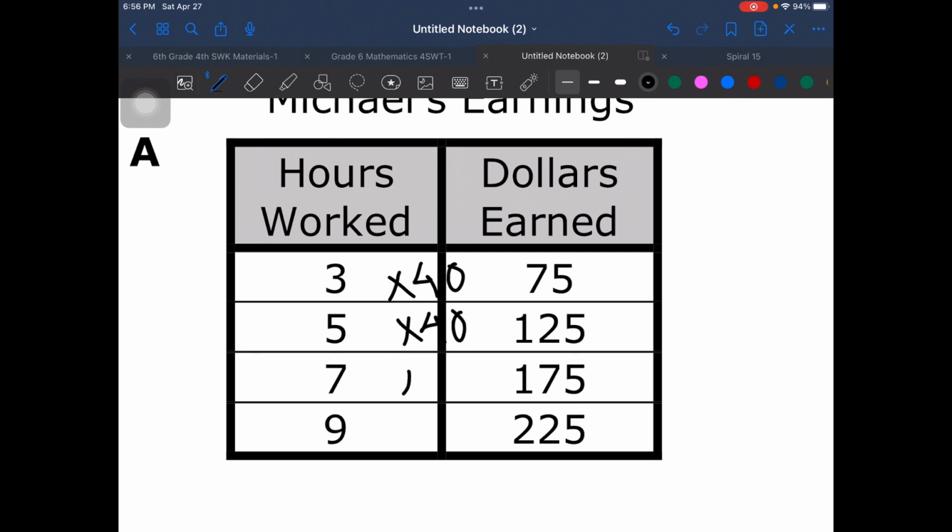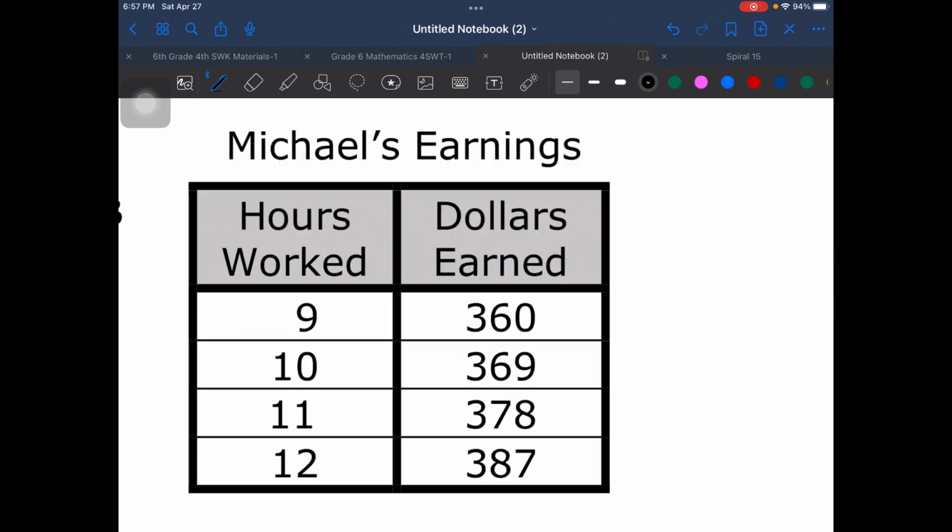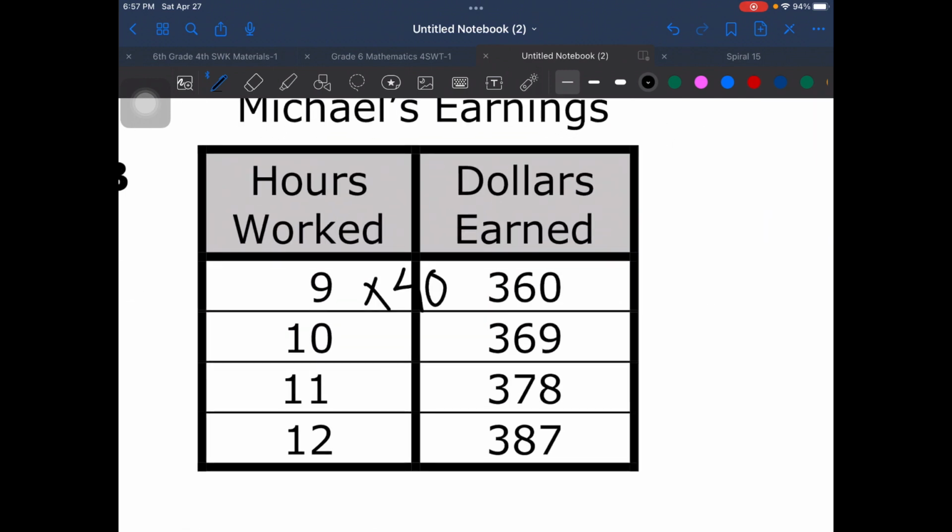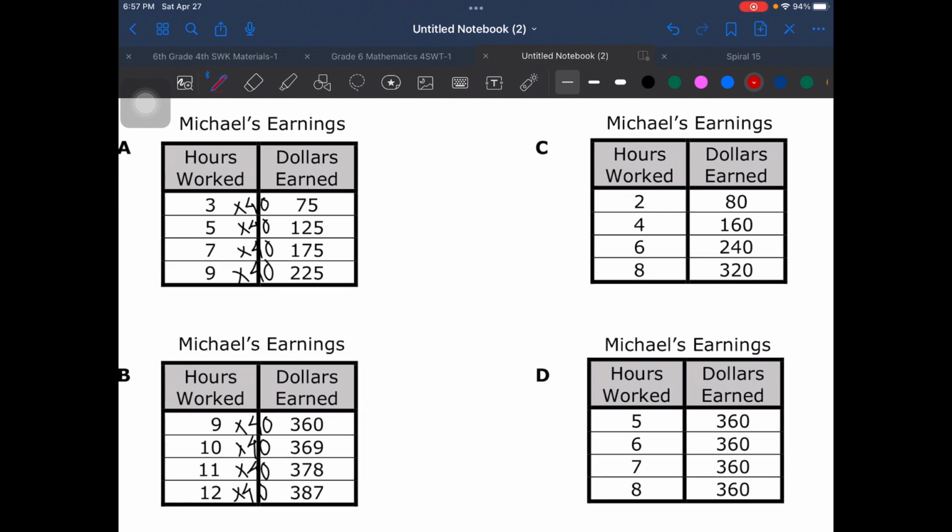Cada hora que trabajen son $40. Whichever table works for every single one, that's the answer. Para cual funcione el por 40, esa es la tabla que se va a usar y esa es la correcta.